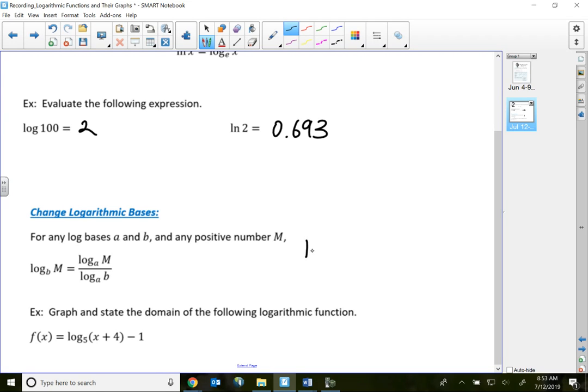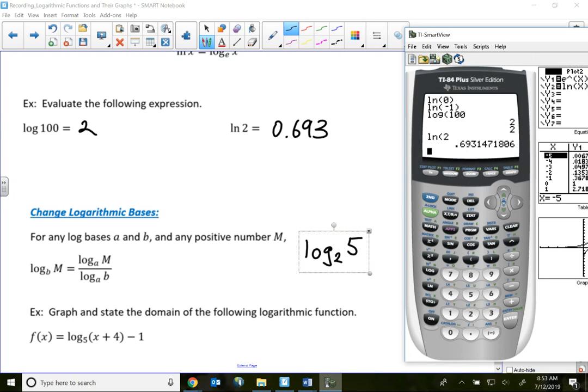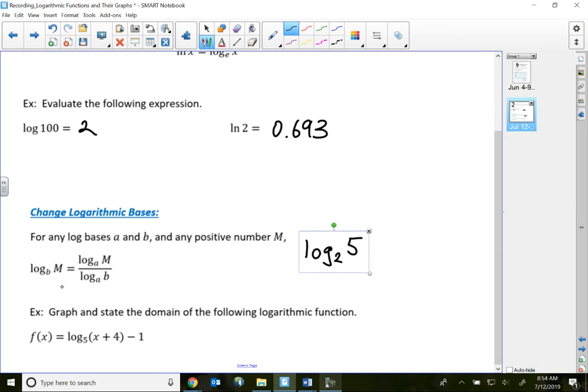If I have a log with a base 2 of 5, how do I key this into the calculator? Well, I can't do it directly because every time I press log, I'm using base 10. So using the change of base, my b is 2, my m is 5. Then we can convert our logarithm into log with the base a of m divided by log with the base a of b.